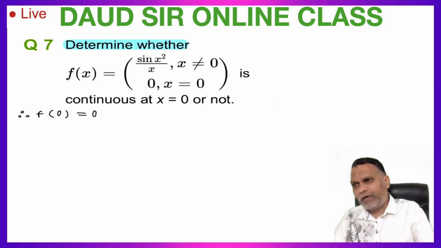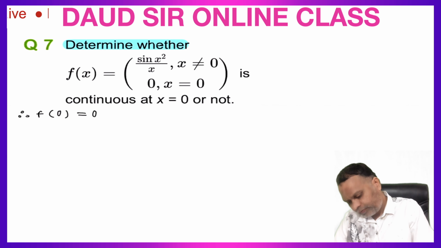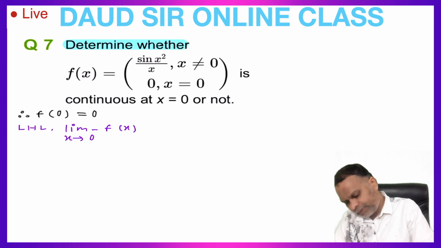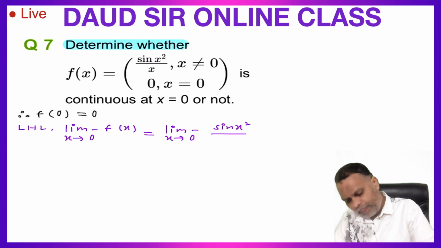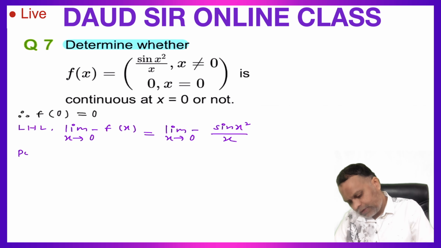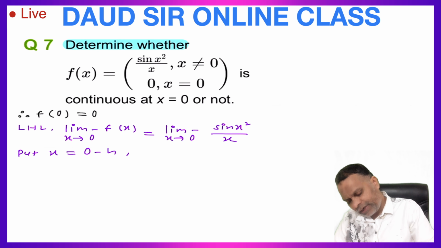Now for x not equal to 0, calculate left hand limit and right hand limit. First left hand limit, limit x tends to 0 minus f of x is equal to limit x tends to 0 minus sine x square upon x. Put x is equal to 0 minus h for left hand limit.